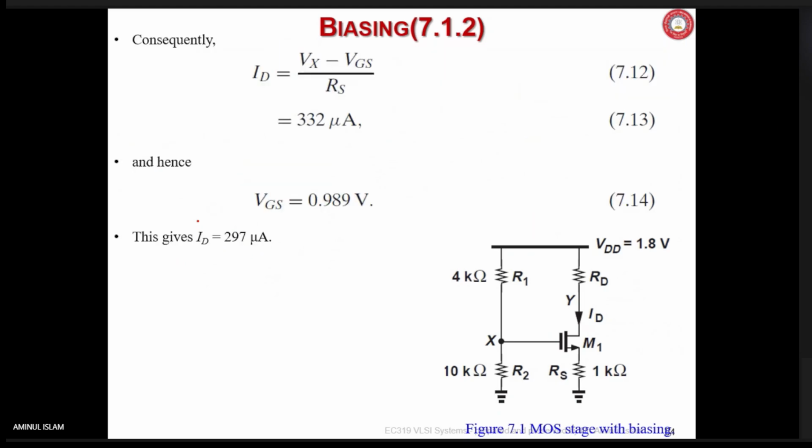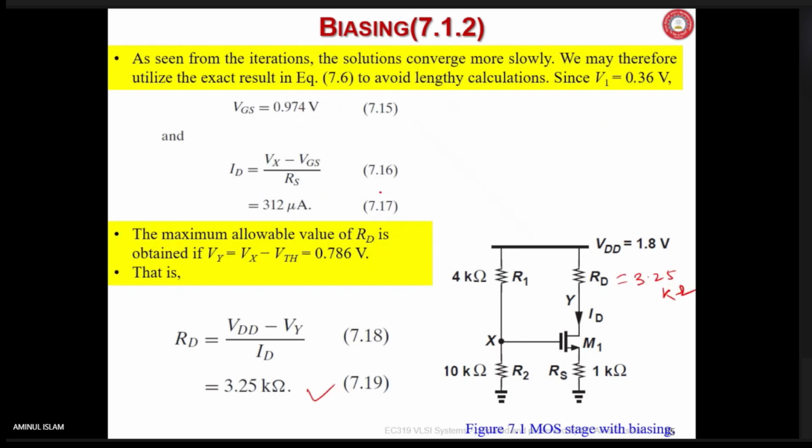Now, iteratively, putting the value, finding ID, then again finding VGS, again finding ID. In this way we can get convergence. But it will converge slowly, hence we can use the exact result of this equation, 7.6.